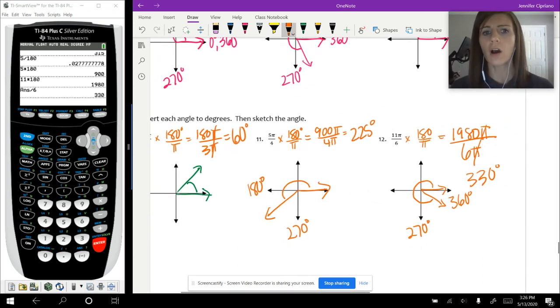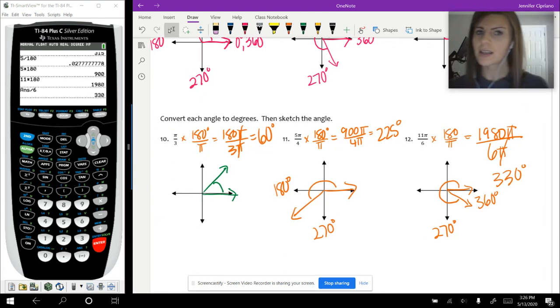All right, so hopefully this doesn't seem too bad. Again, radians are something that are going to become really important to you in AFM and pre-cal and calculus. Our goal here is to kind of introduce them for you to see that they're just another way of measuring angles and to understand how to convert back and forth between degrees and radians.